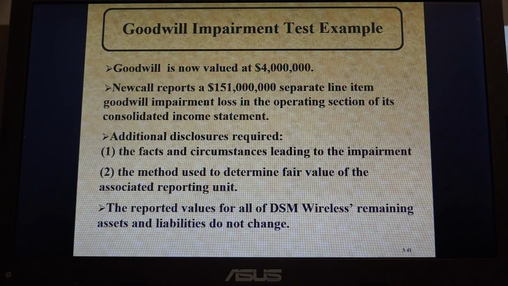And so they stay on the books at the original fair value assessment, even though through your goodwill impairment test, those fair values may actually go down. So I think that's their point there.